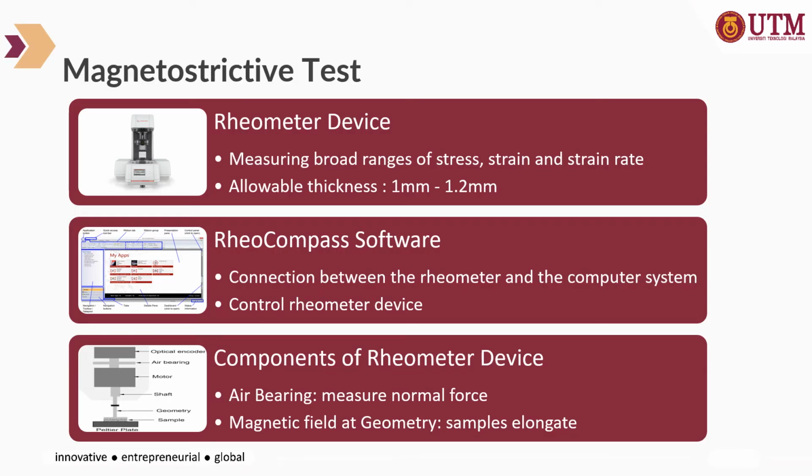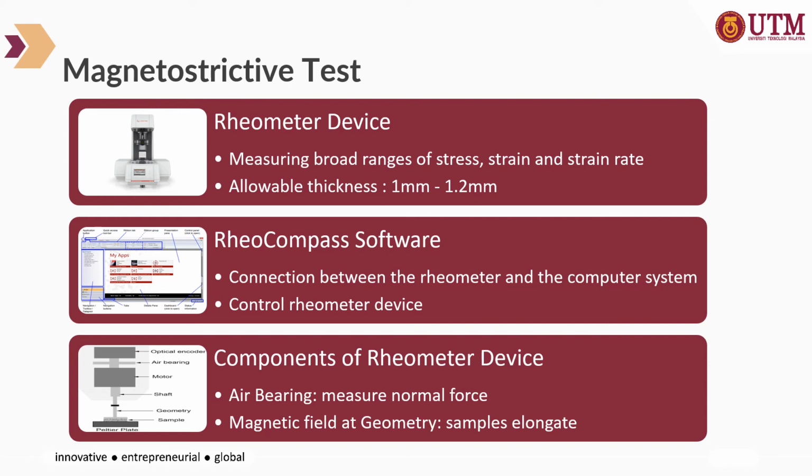After the fabrication stage is done, each sample must undergo the magnetostrictive test using a rheometer device in order to investigate their normal strains when undergoing normal force application. The rheometer device was chosen as it has the ability to measure stress, strain, and strain rate in a broad range.